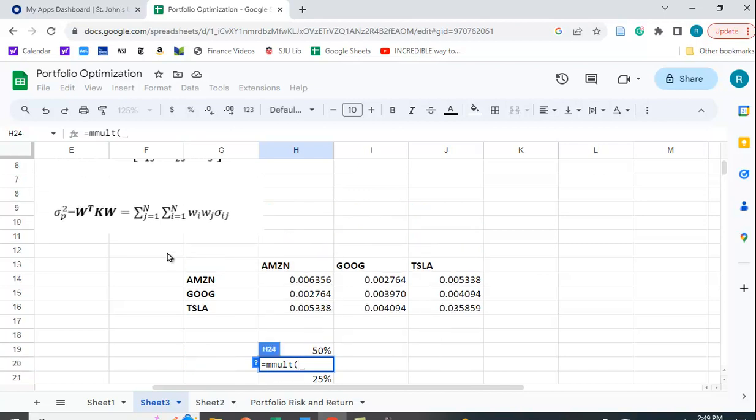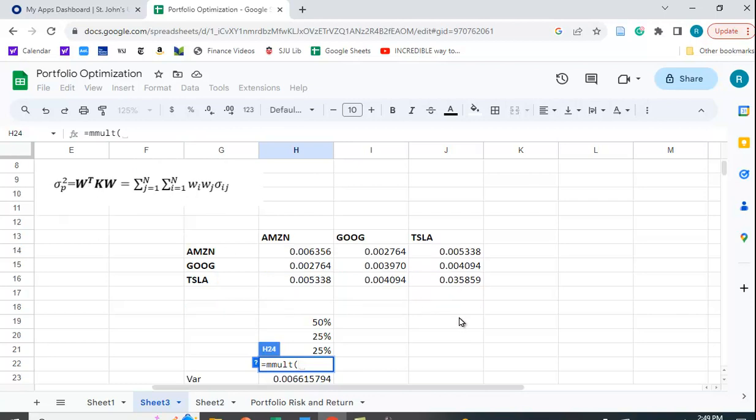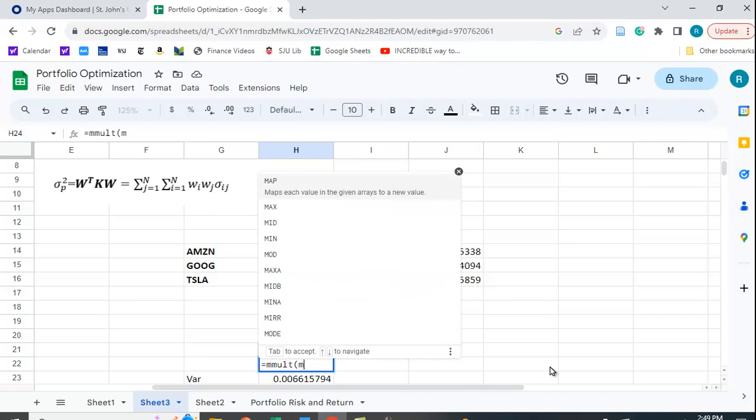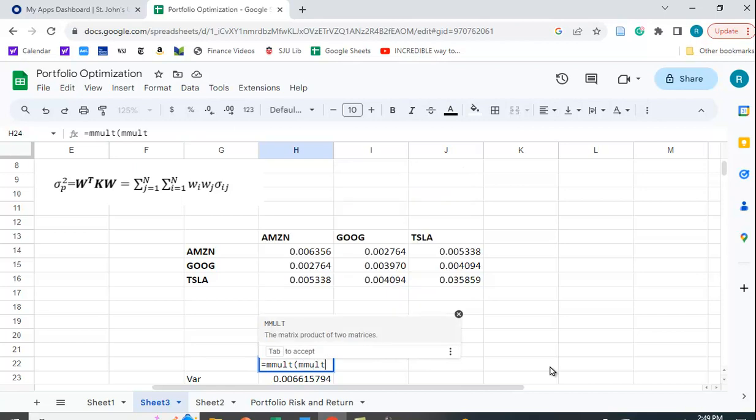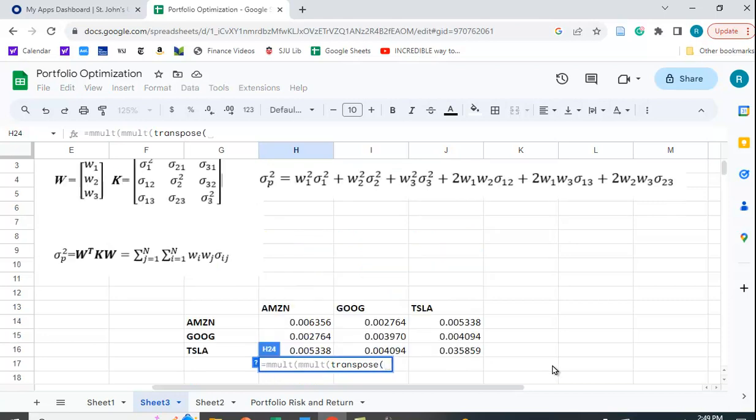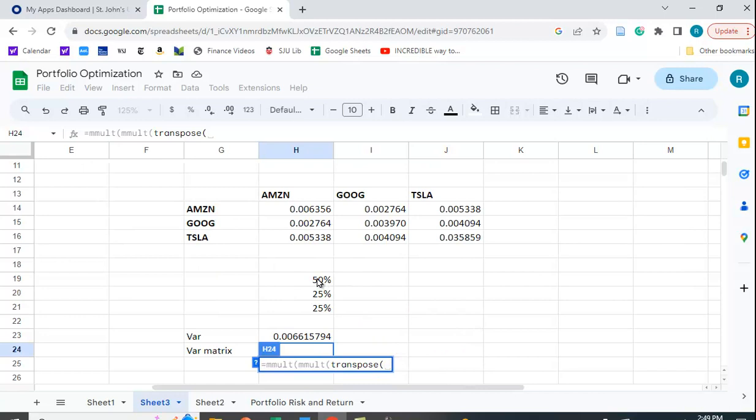We're multiplying W transpose times K, and then whatever we get here, we're multiplying by W. So I'm going to have to put in matrix multiply twice, and the first term is going to be the transpose of this vector of weights, 50% in Amazon, 25% in Google, and 25% in Tesla.